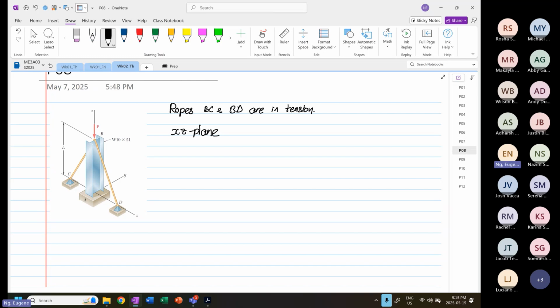On the XZ plane, if we look at PCR XZ, this is going to be pi squared E IY over LE squared. What this LE is, we don't know yet. It's okay not to know for now. So I'm going to sketch this now.